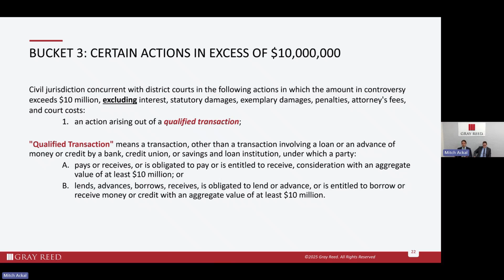Vice versa, you may have a lawsuit where a party's breached a contract and you have in excess of 10 million in damages, but there's nothing in the contract that shows that there was consideration exceeding 10 million. That would not be a qualified transaction, even though your damages would exceed the $10 million threshold. So again, we're looking at both what the damages are, and what the value of the consideration under the contract is.